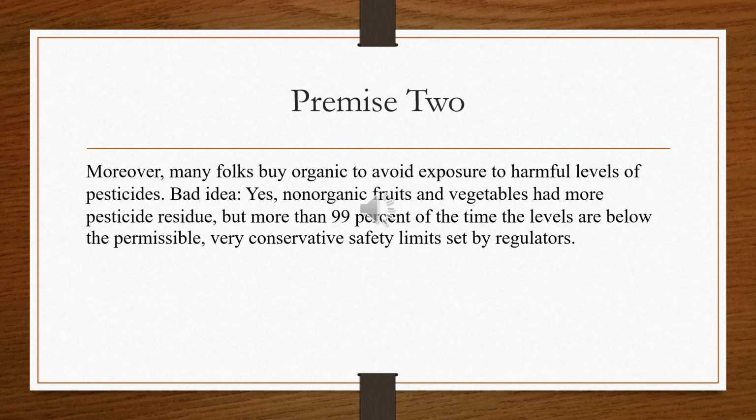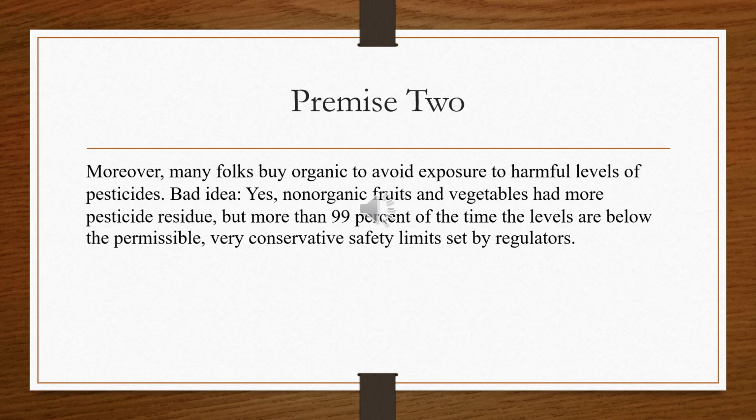The second premise introduces another consideration, which is the idea that many people believe that by buying organic fruits and vegetables, you are avoiding exposure to pesticides. First of all, this is false. There are lots of organic pesticides that are used in organic farming, but that's not the way that this argument goes. It goes in the following way.